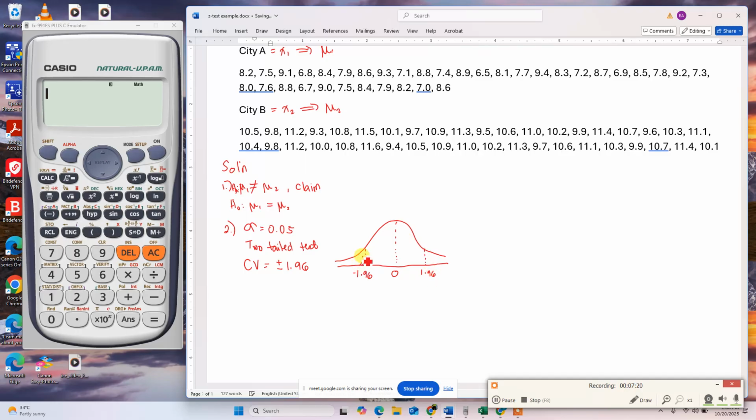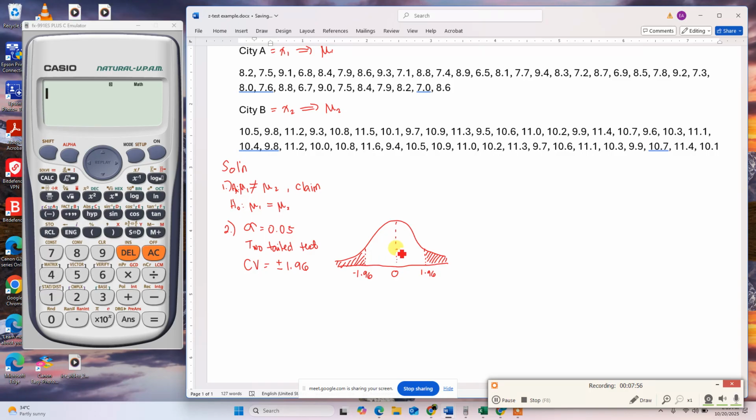It means that if our computed test value falls within the shaded portion, our null hypothesis would be rejected. The same on this side. Again, if the computed value falls under this shade, then our null hypothesis would be rejected. Now we have already identified our critical value.